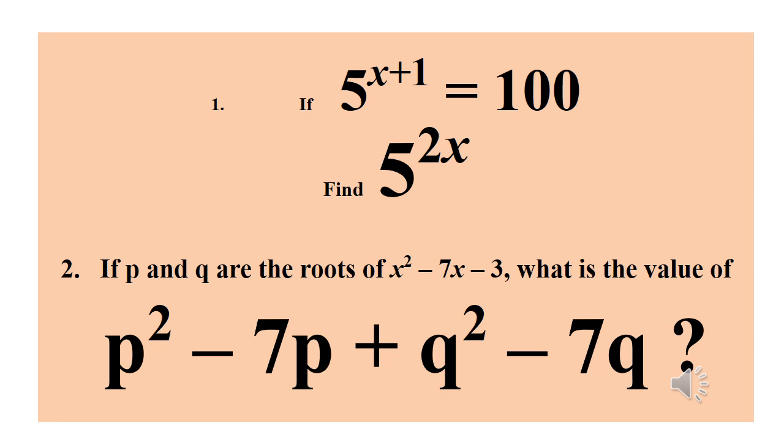We have 2 questions to be treated, and the first one says if 5 raised to power x plus 1 equals 100, find the value of 2 raised to power x. The second one says if p and q are the roots of x squared minus 7x minus 3, what is the value of p squared minus 7p plus q squared minus 7q?